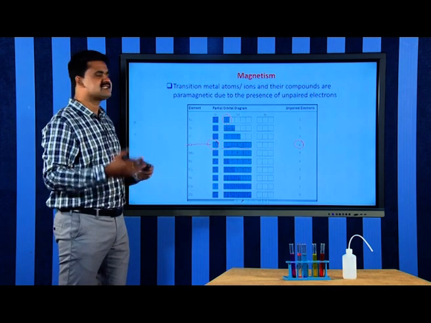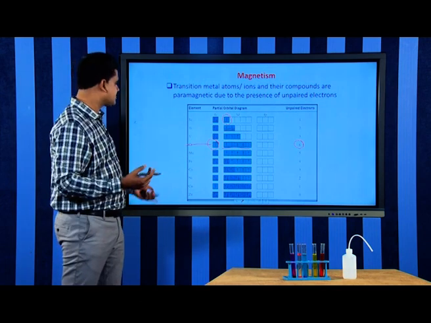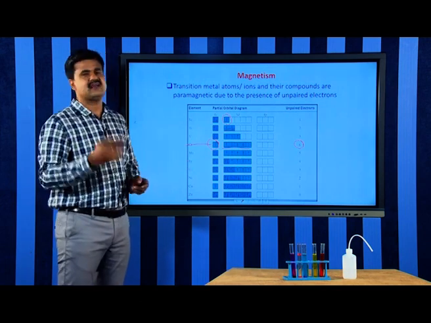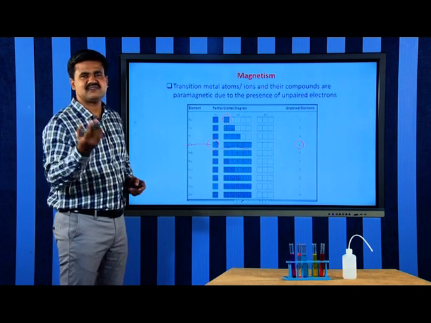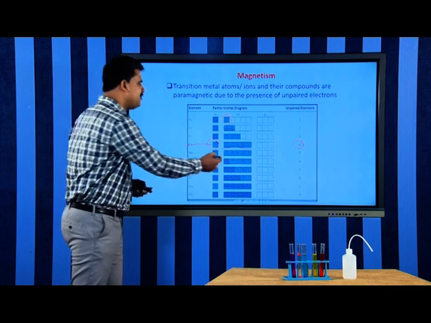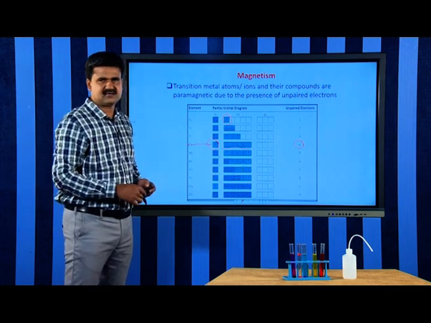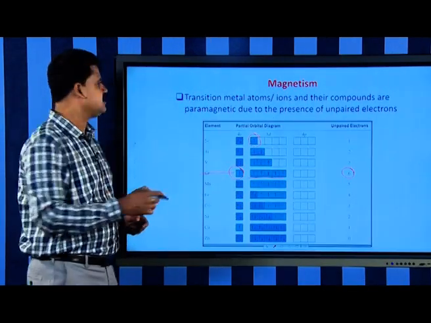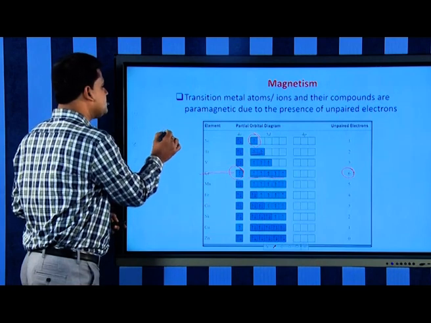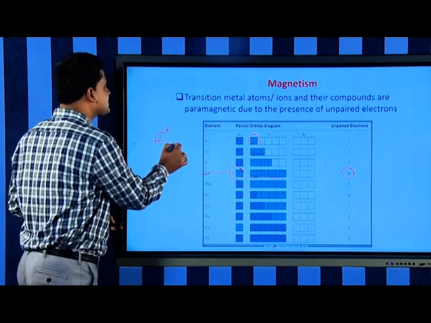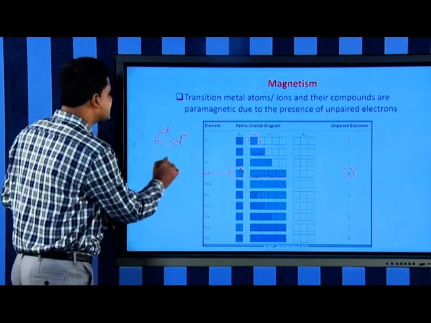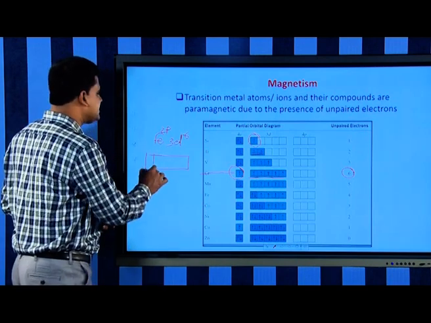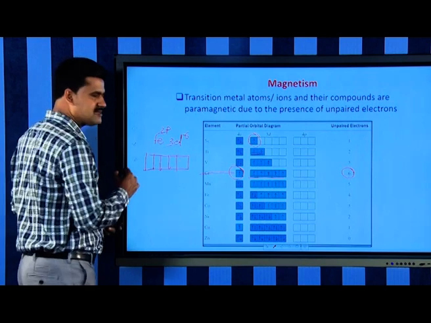Then if we take some ionized cases, suppose our element iron undergoes ionization to produce oxidation states like Fe2+ or Fe3+. Some electrons are removed and we get a new arrangement. For example, for Fe2+, the electronic configuration will be 3d6. 3d6 can be simply represented by the five d orbitals like this.